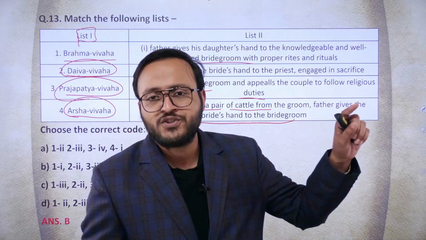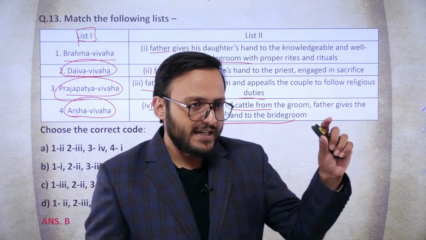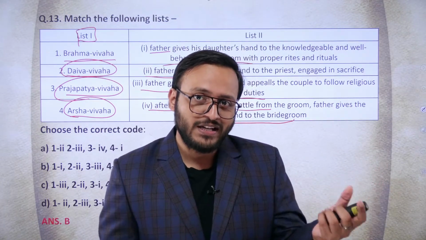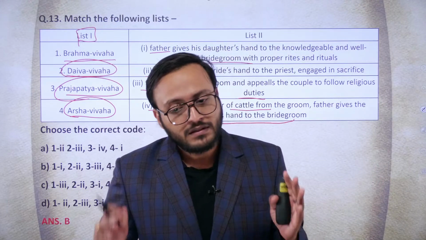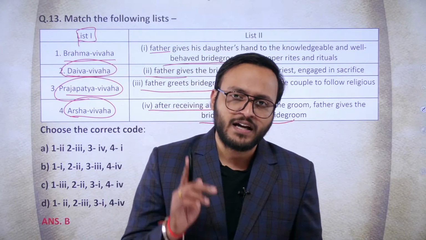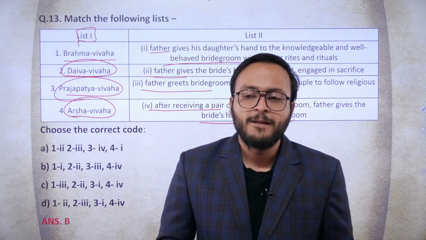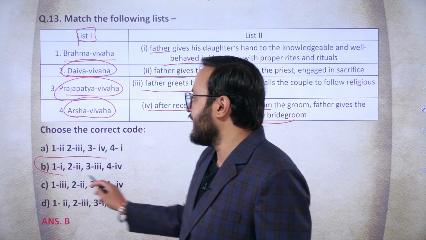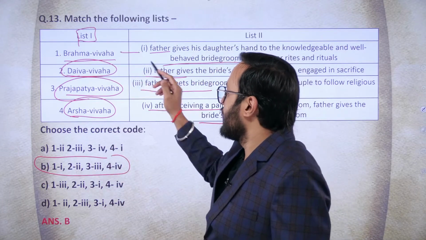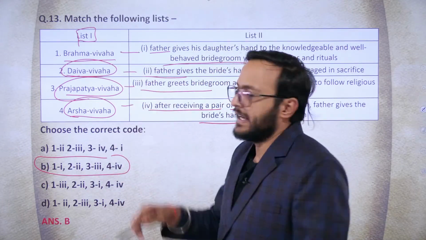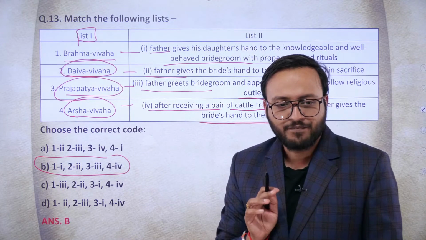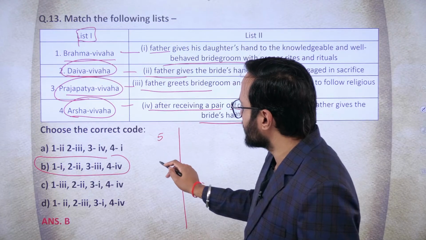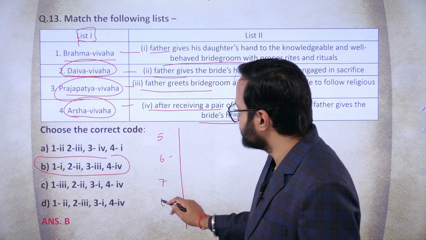If there is a question in the examination that Arthashastra also describes distinct types of marriages, that statement must be regarded as correct. Alright. So, the right answer is option B, so you can already understand that all these are correctly matched sentences. Okay. And the remaining four are the following.